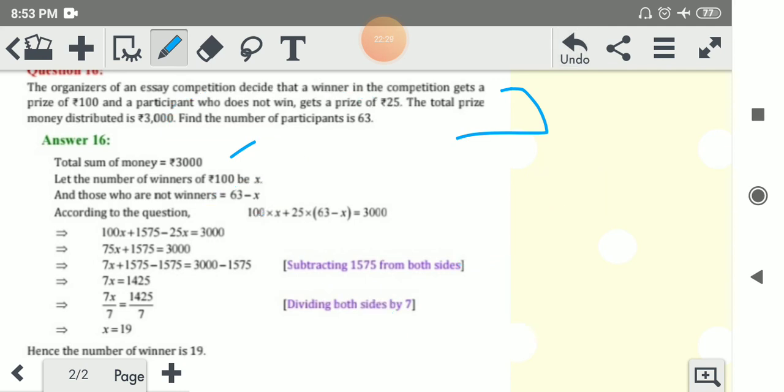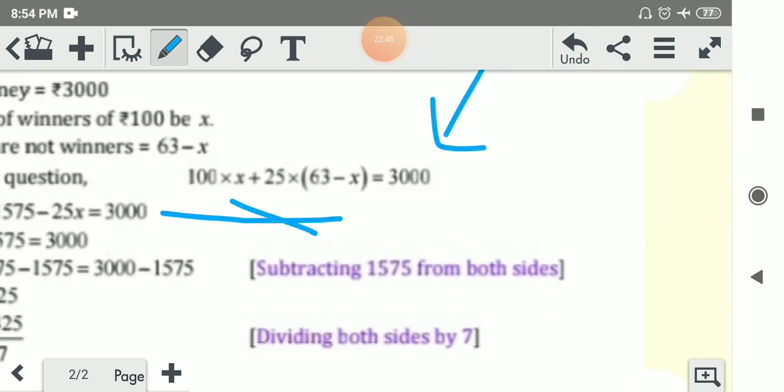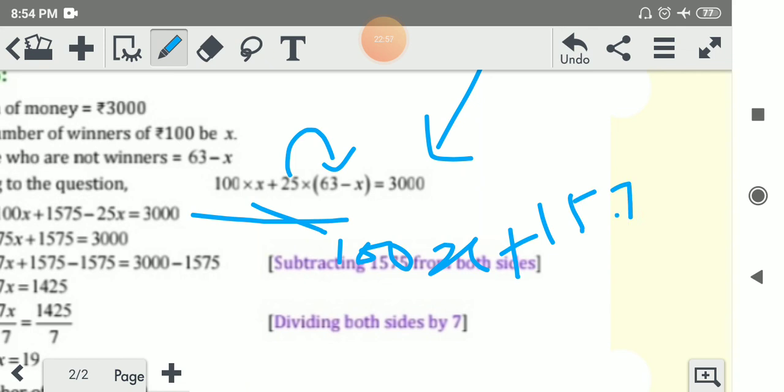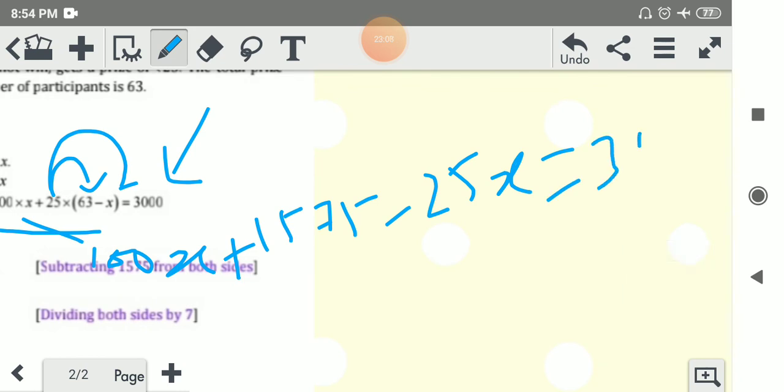Okay, according to the question, the sum of their prizes is 3000. Solve for x. Here 100 multiplied by x is 100x, and 25 multiplied by 63 minus x gives 1575 minus 25x, and this is equal to 3000.